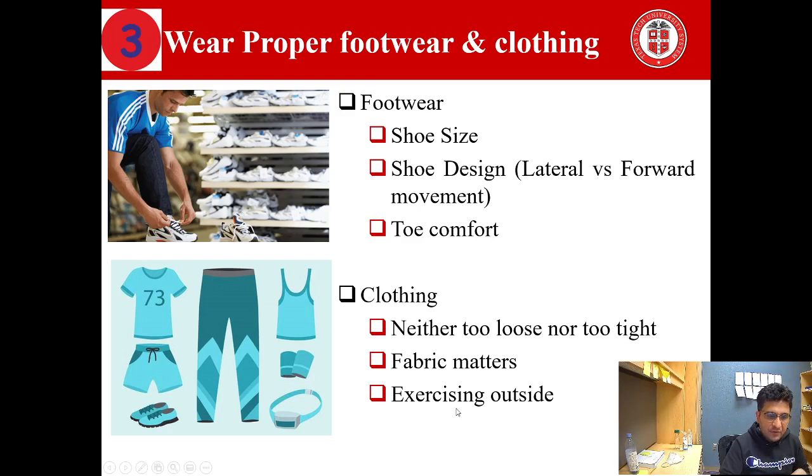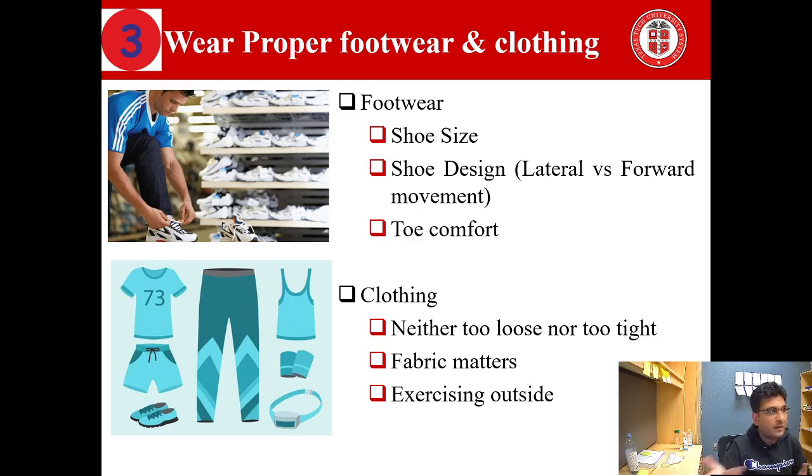This is also interesting and important, that if you're exercising outside, specifically if it's too hot, then you should have the proper goggles, proper hats or caps, whatever, because even if we are working inside, our body is going to lose water because of sweat. So you make sure that you stay hydrated, have the proper covering on your body to make sure that you are not exposed to too much heat.